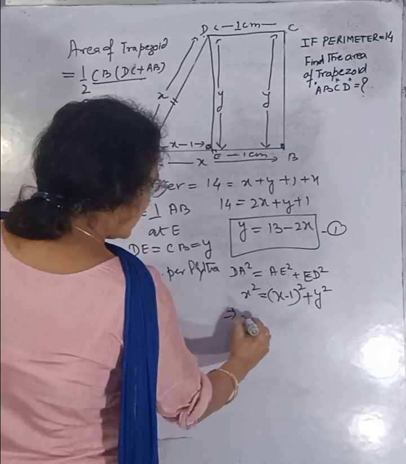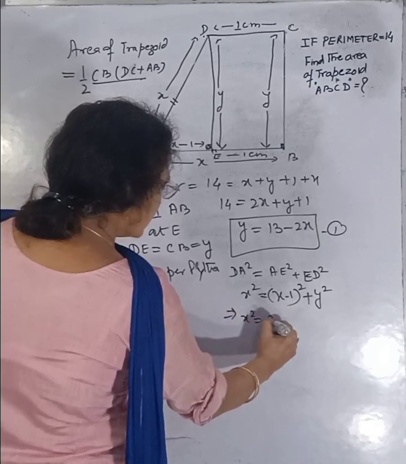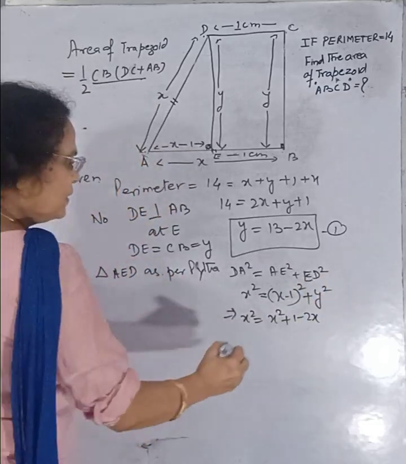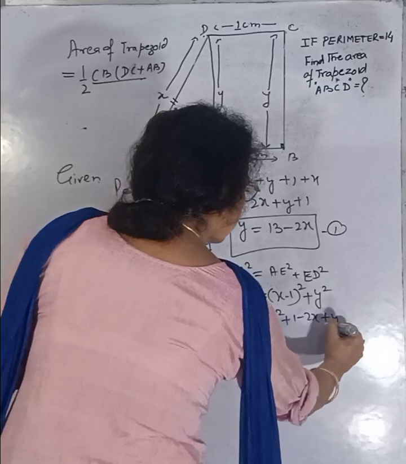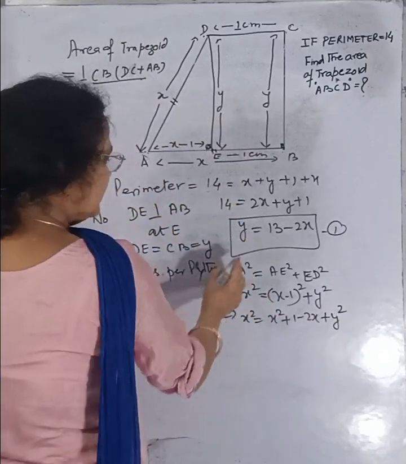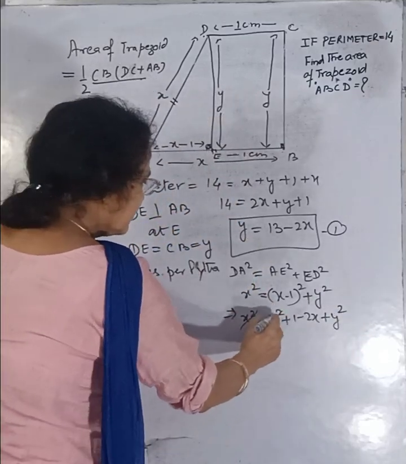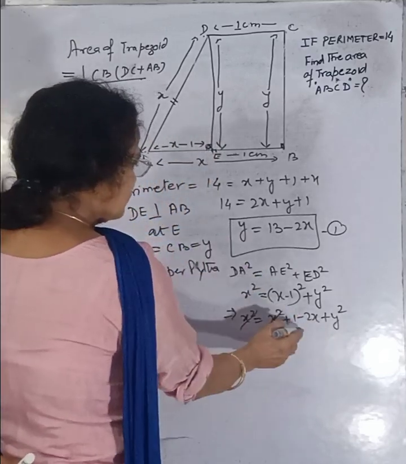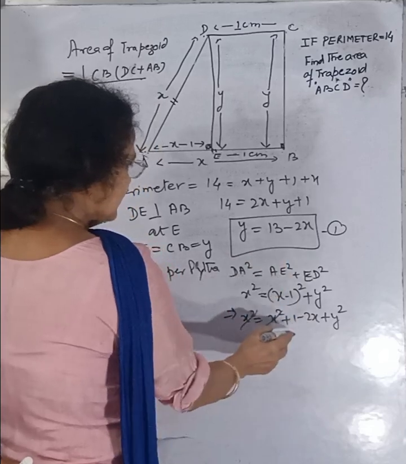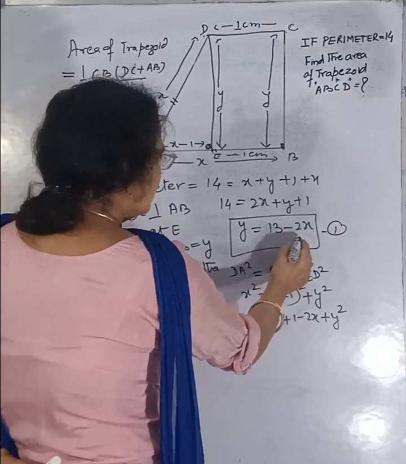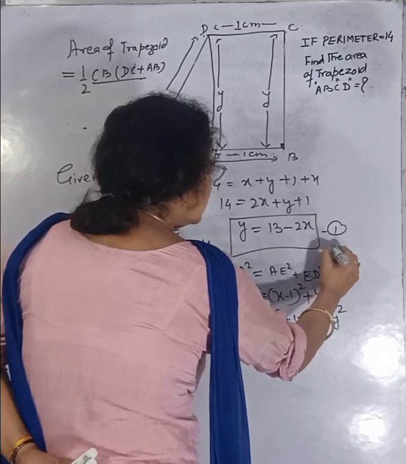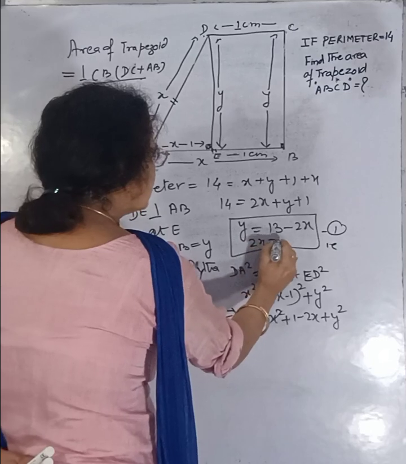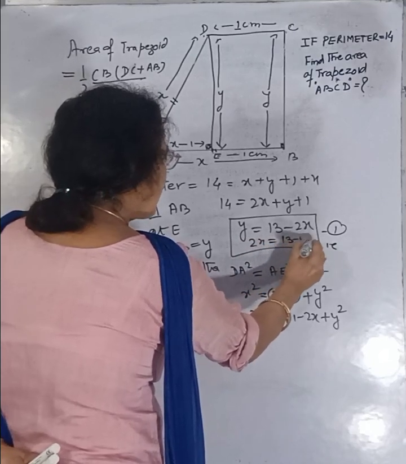We will get x square is equal to x square plus 1 minus 2x plus y square. This x square gets cancelled. From the perimeter equation, we can write 2x is equal to 13 minus y.